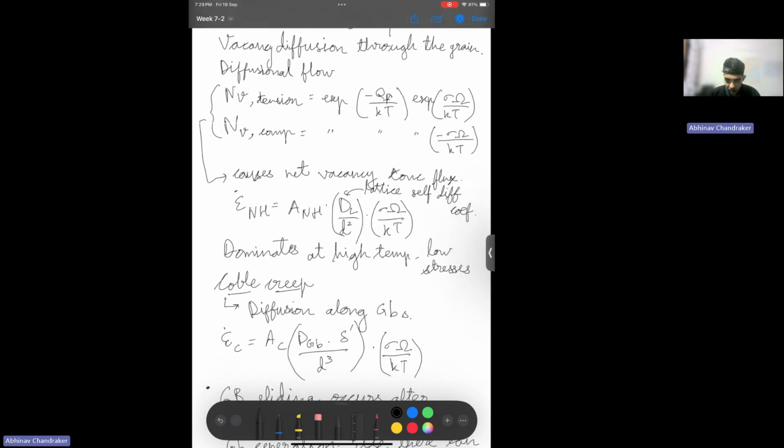So this is the equation for Nabarro-Herring creep strain rate. There will be dependency on stress, but a strong dependency on the grain size also, because we can see diffusion occurs through the grains, because it is due to change in grain shape that you get the strains.